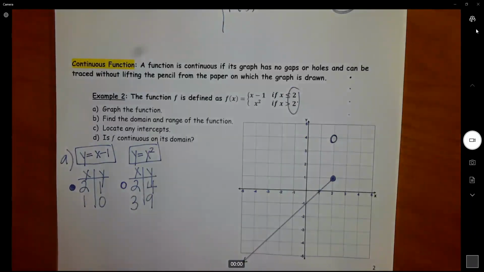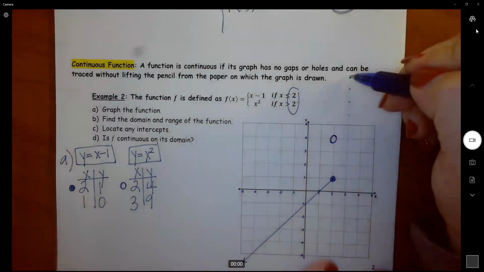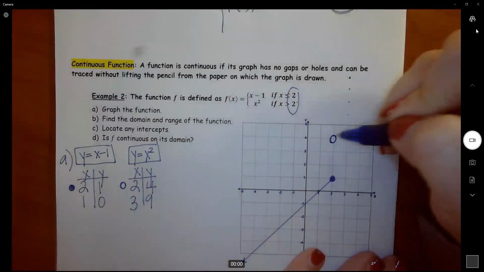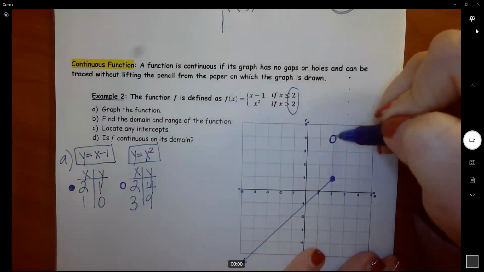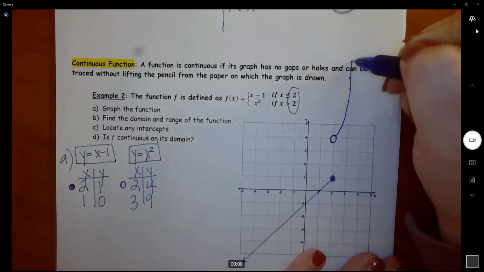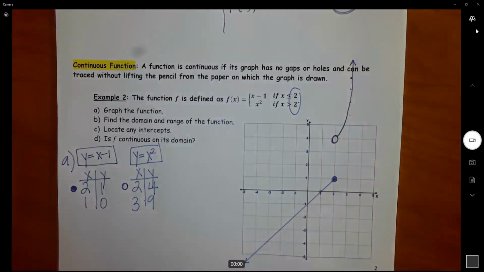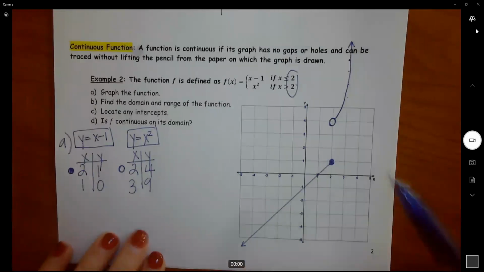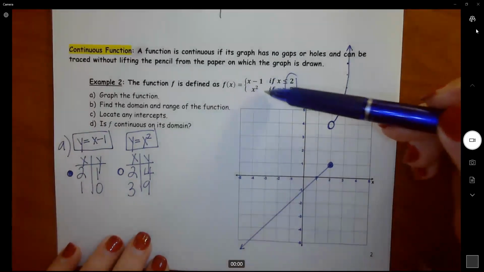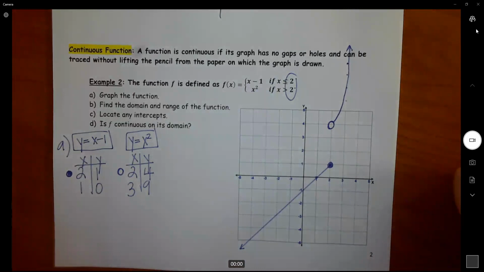So you don't exactly want this to be a straight shot. You kind of want this to have at least a little bit of that curve. Okay, so those are my second equation, my second part of this piecewise function.